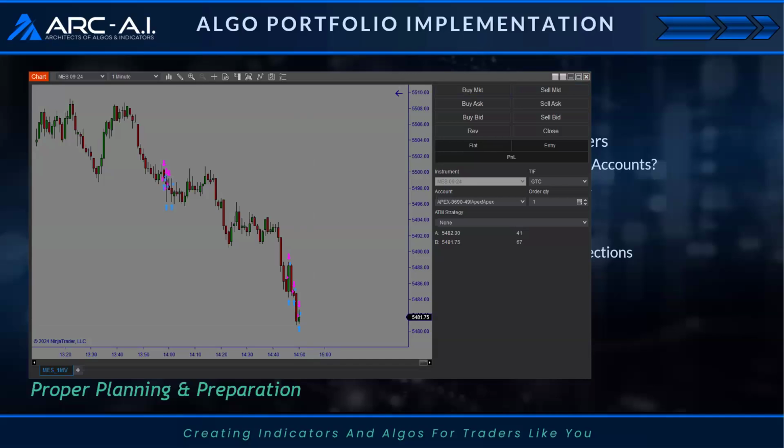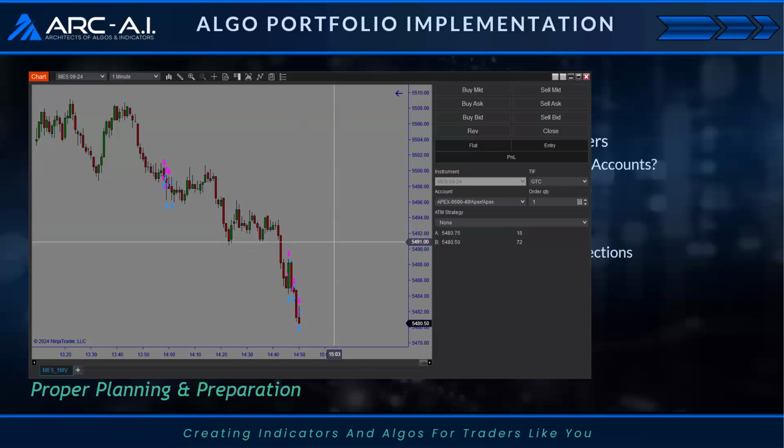It's a lot better than losing more anyway, but that's how you do it. So you can set those up on each account, and it will override the algo. If the algo tries to place trades, it's going to immediately close those trades. Now, I don't know what that's going to do in algo land, like if that's going to throw everything off.